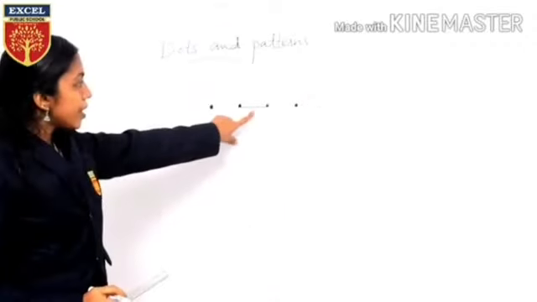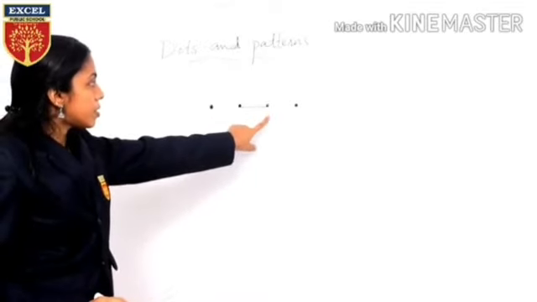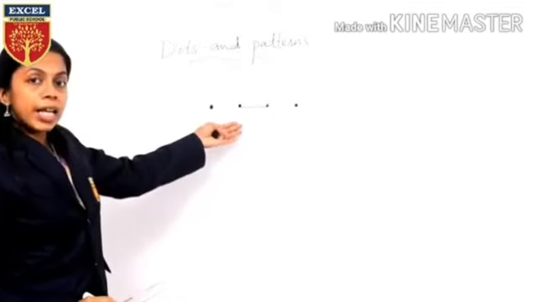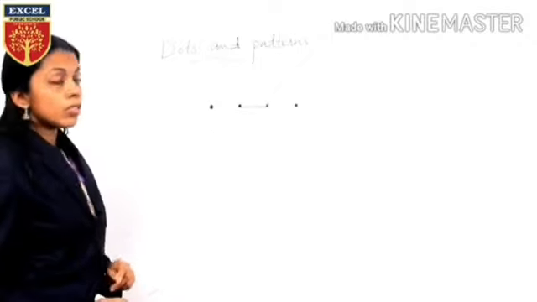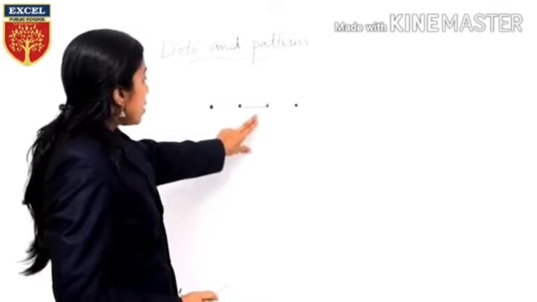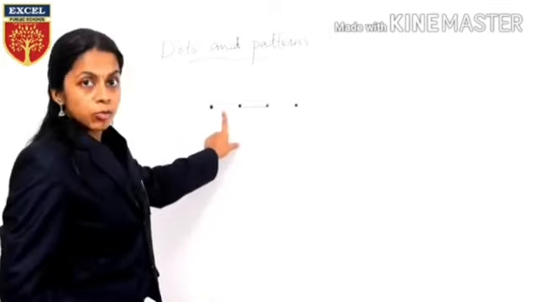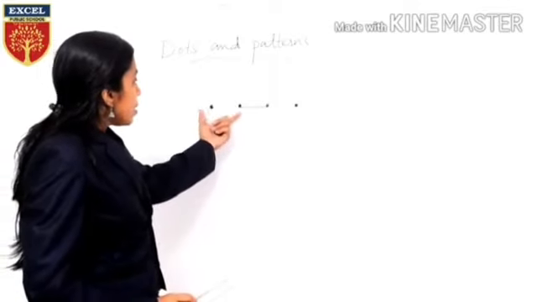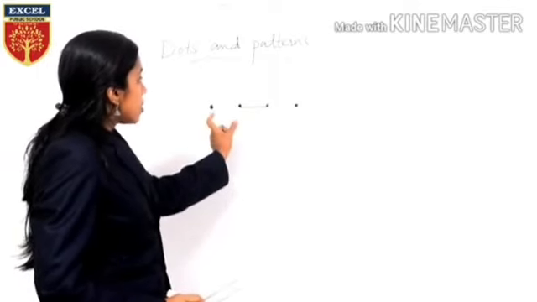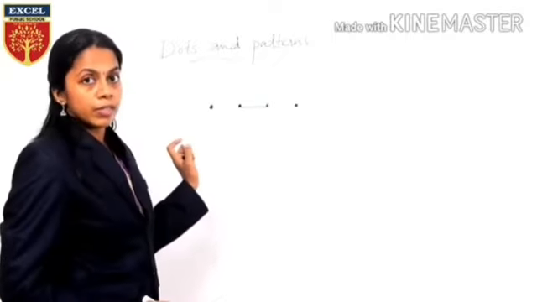See, here you can see a straight line by joining these two dots. Can you see any speciality between these dots? Yes. You can see here the space between the two dots is equal. That means the space between any two continuous dots should be equal.